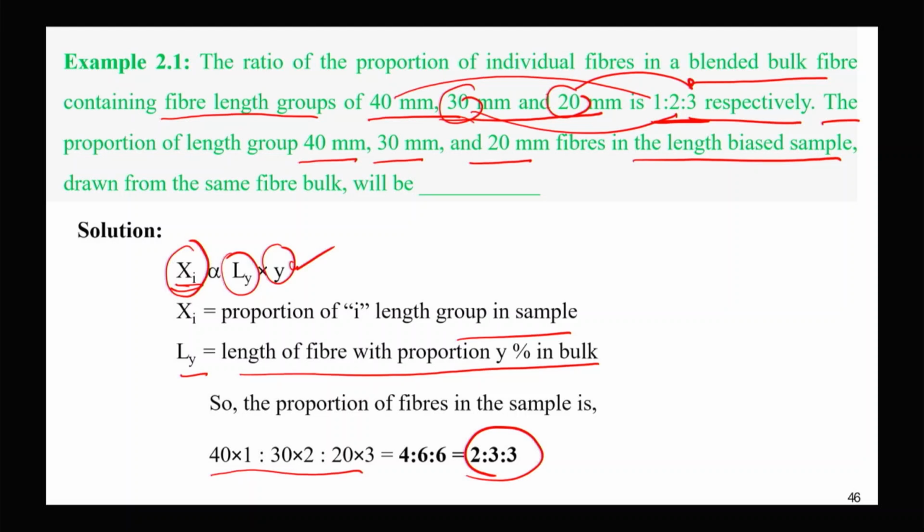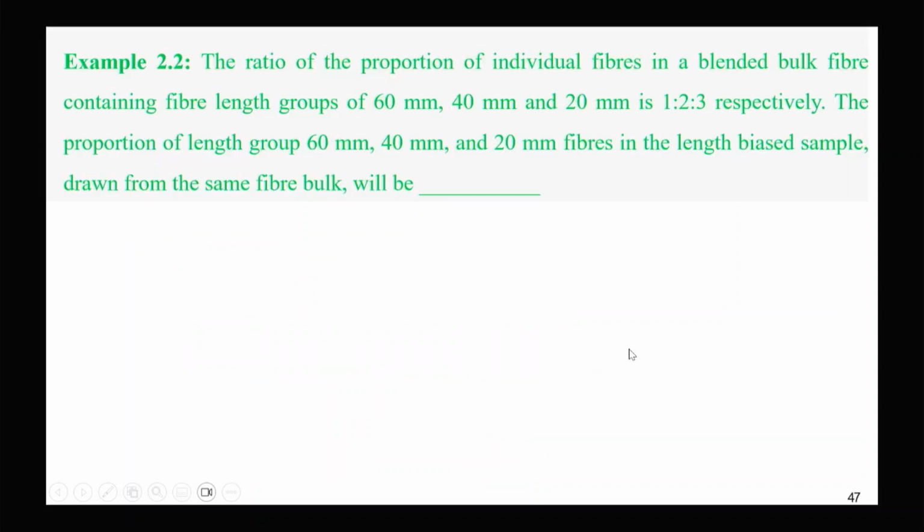So this is the proportion which is changed due to the presence of fiber length. With this we can get the proportion in the sample.